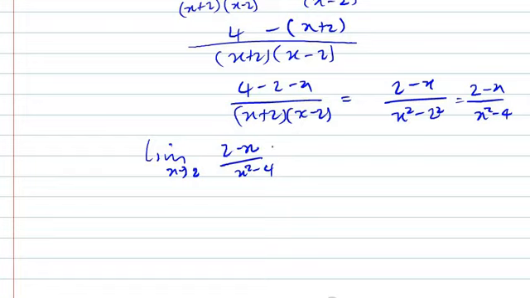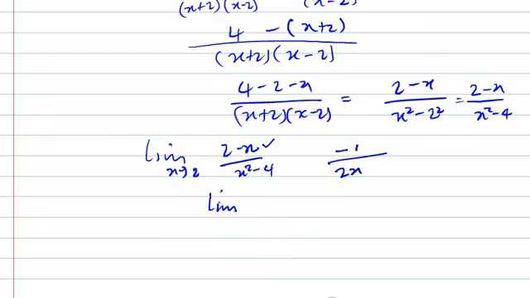So the derivative of the numerator is minus 1, and the derivative of the denominator, derivative of x squared is 2x, derivative of the constant term is 0.